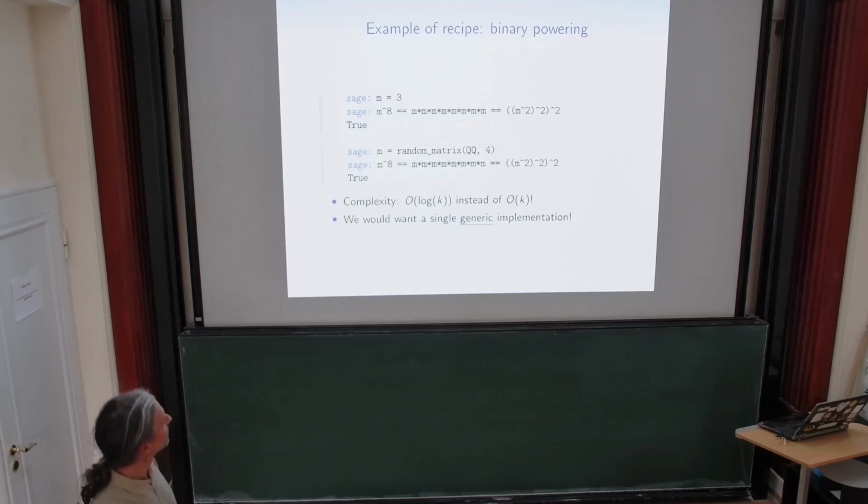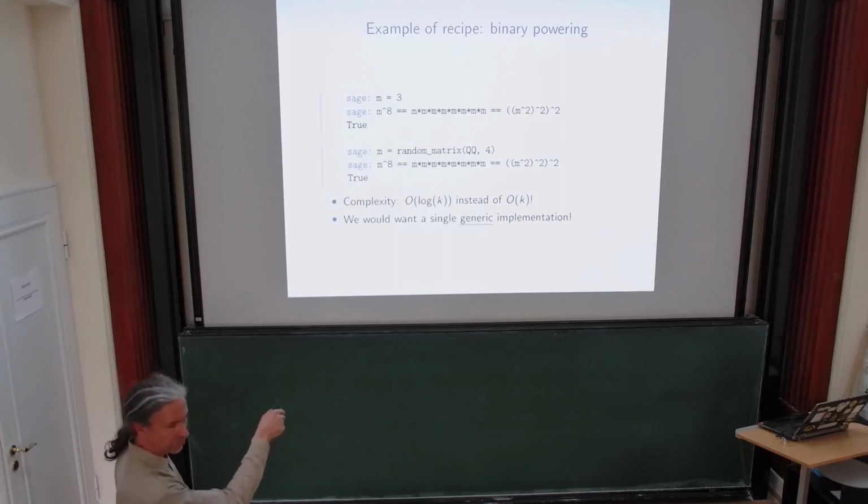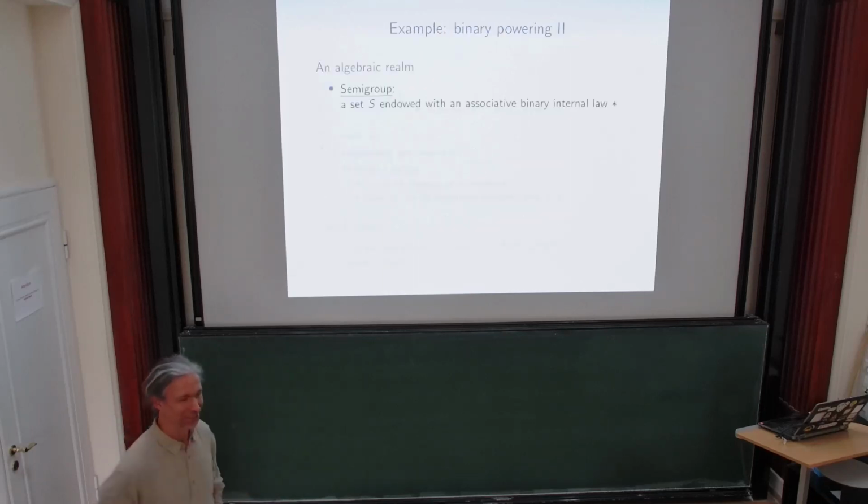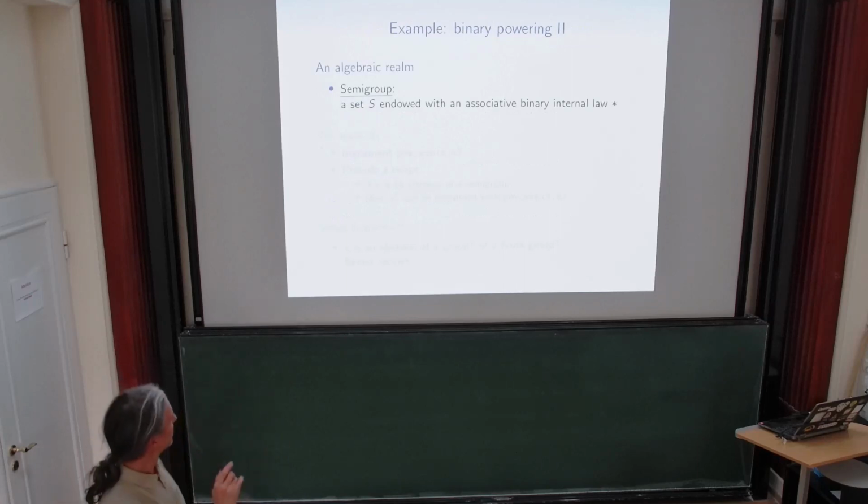Okay. Yeah, sorry. So the point is not to prove equality. The point is to compute m to the power 8. Okay. Sorry, yeah. In this setting, people think, oh, this is what we want to compute. Eric is just pointing out the results were the same.